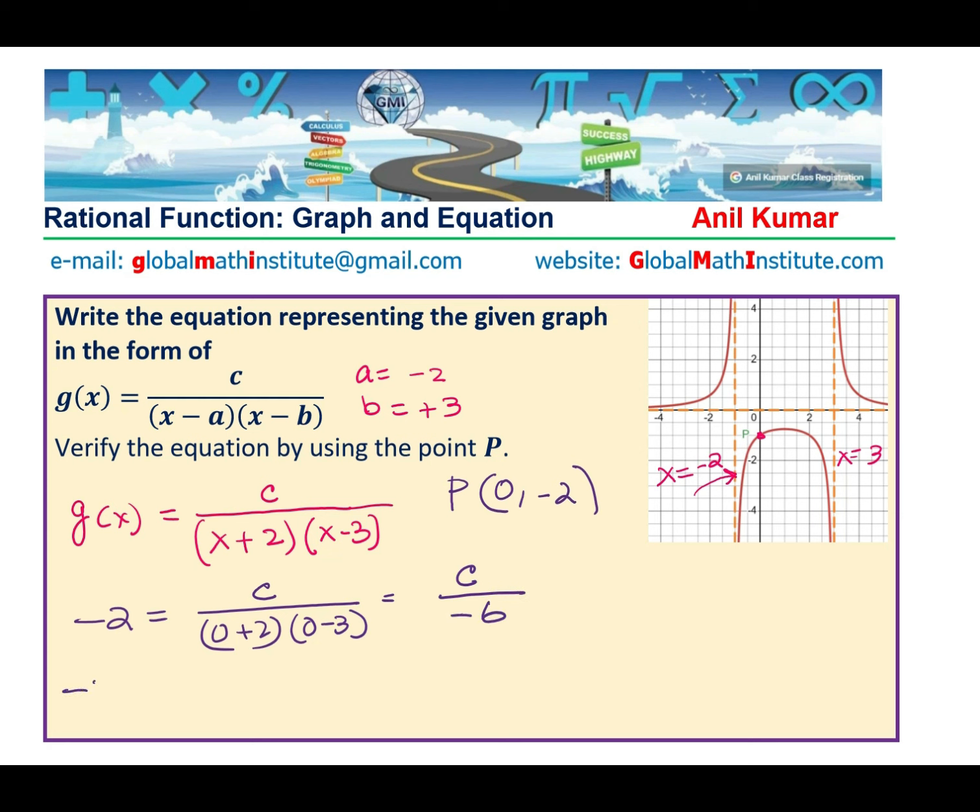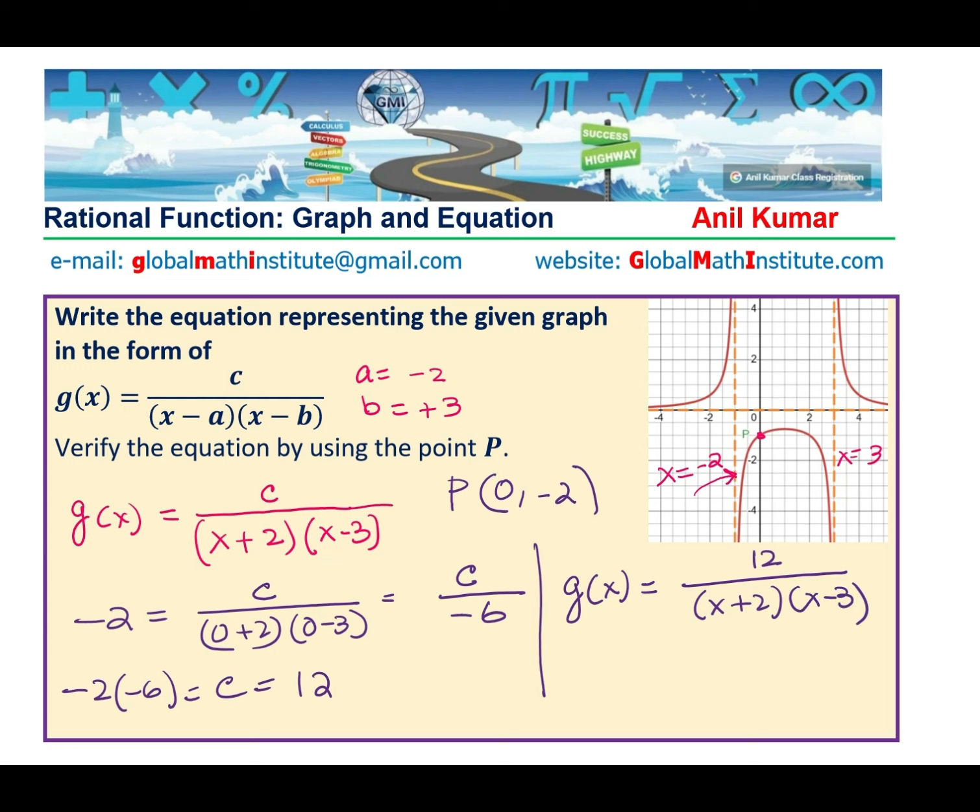And therefore, we get minus 2 times minus 6 as the value of c, which is 12 for us. Correct? We got our answer. So simple, right? We can write g of x equal to 12 over (x plus 2) times (x minus 3). Nothing can be simpler than this, right? So that is how we find the equation.